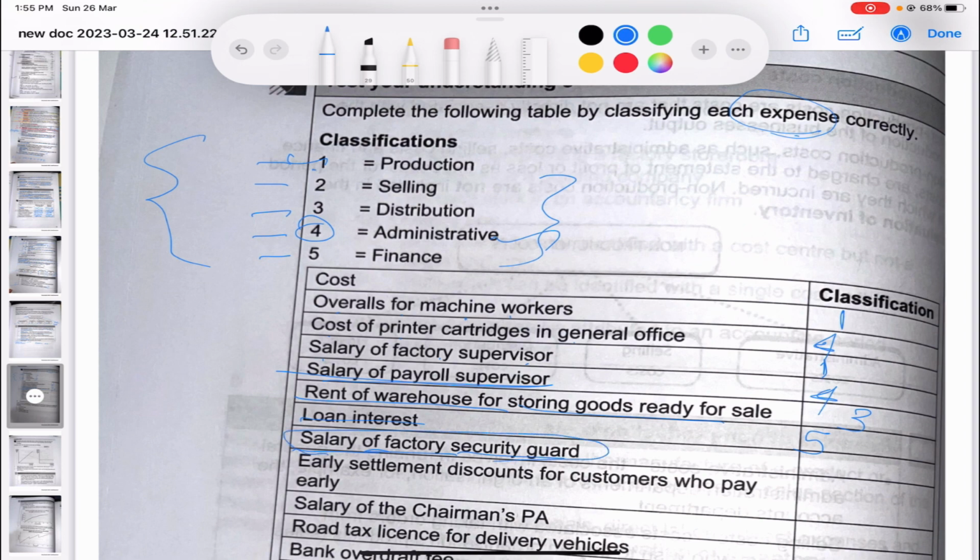Salary of factory is different from salary of warehouse. Warehouse is where your goods are stored, but factory is where the production process takes place. So whenever you talk about the factory security guard, it is always a production cost. But when you're talking about warehousing, it is a distribution cost.